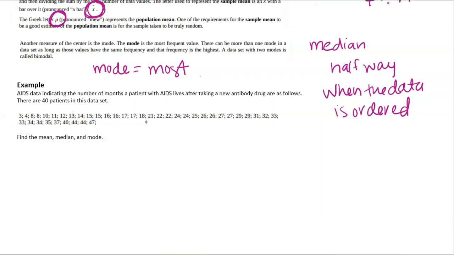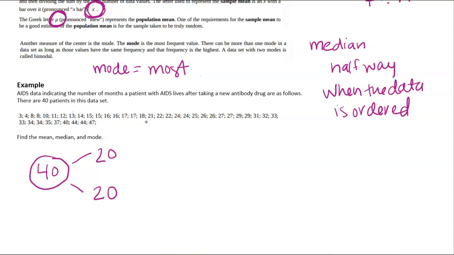If I have 40 patients, then I know that there has to be 20 in each half. It doesn't matter what the actual values of the data set are. Any data set with 40 data points, the median will split it into 20 and 20, or halfway.